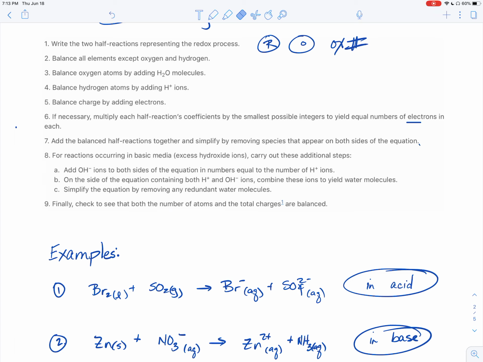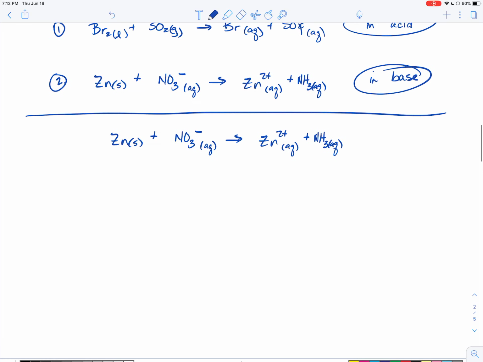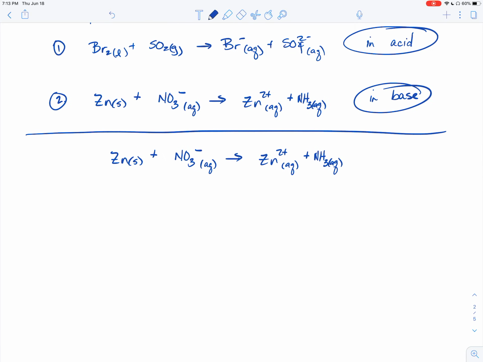Okay. And this time, keep in mind that when we're doing this, we're going to add step 8 into this whole process. So, first things first, let's determine oxidation numbers, everything. Something that's in elemental form is 0. You have -2 for our oxygens.